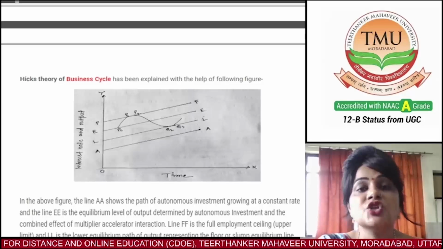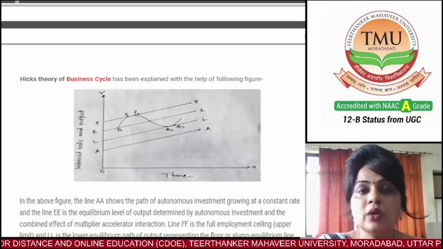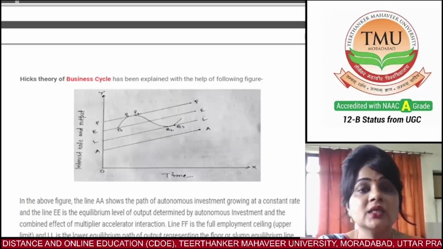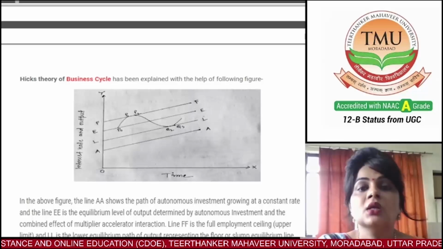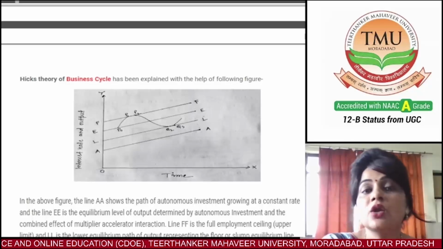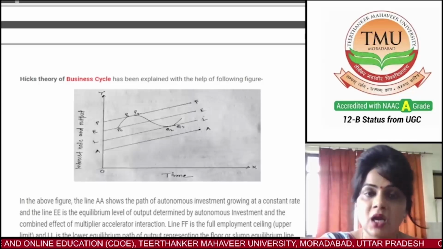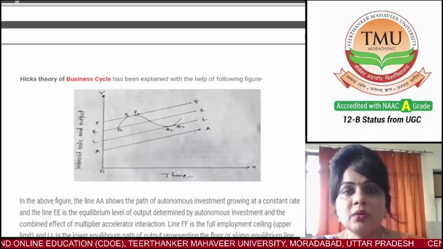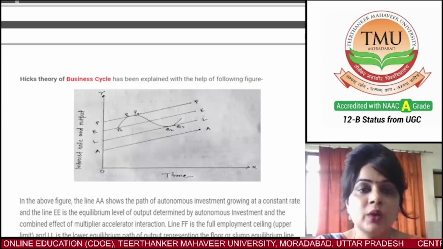Suppose when the economy reaches point P0 along the path EE, there is an external shock, say an outburst of investment due to certain innovations or a jump in governmental investment.